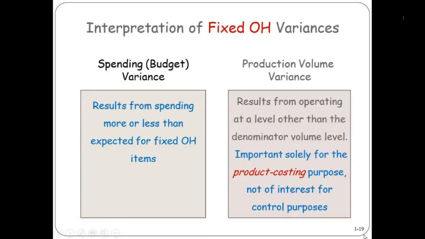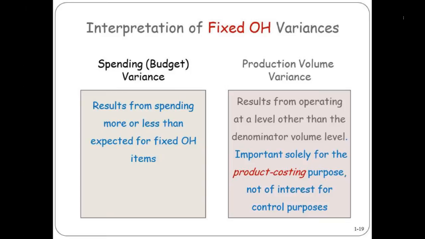So how do you interpret this fixed overhead variance? Well, this variance between your actual and your budget, there was a question about it last week. I think it was your question. It was 10,000 over. You want to understand the cause of why you spent $10,000 more for fixed costs than you budgeted. You should understand that.